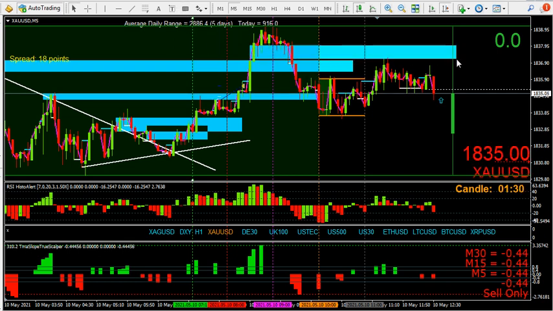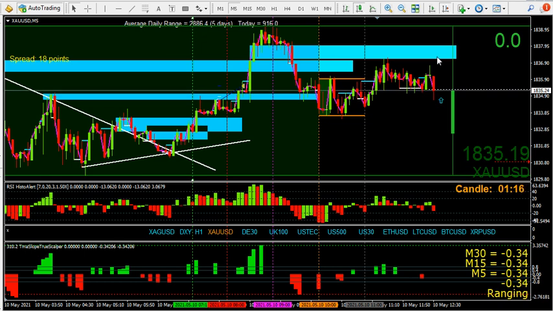That's the area. So this is why I draw these levels. This could easily still do a punch up to that level just to cause us maximum damage.